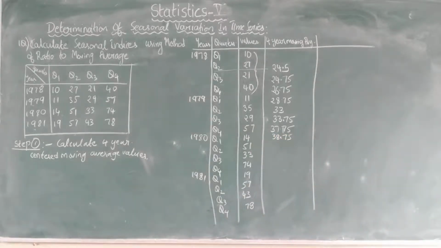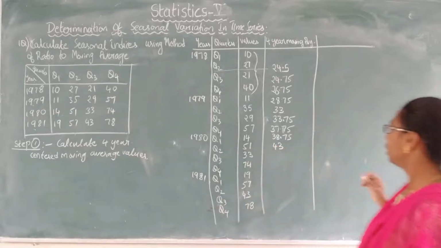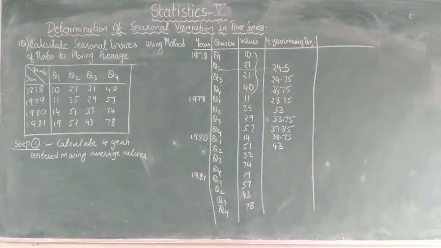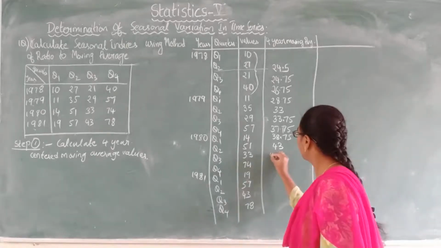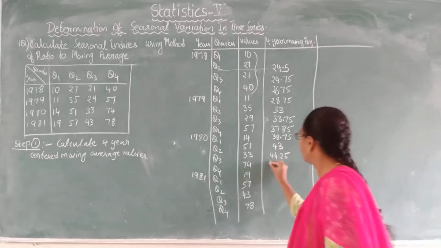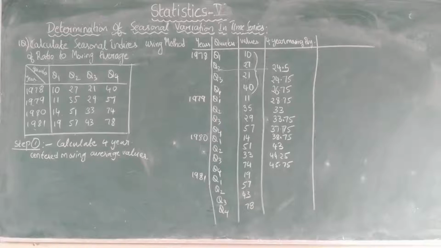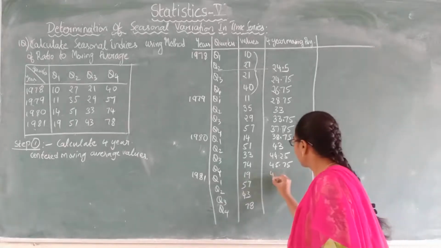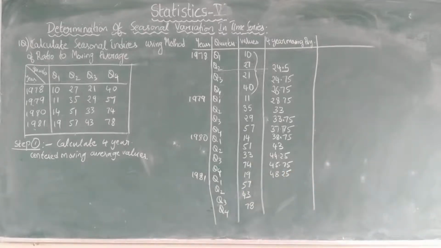Next is 14 plus 51 plus 33 plus 74 divided by 4, and so on, up to plus 43 plus 78 divided by 4, you will be getting 49.25.